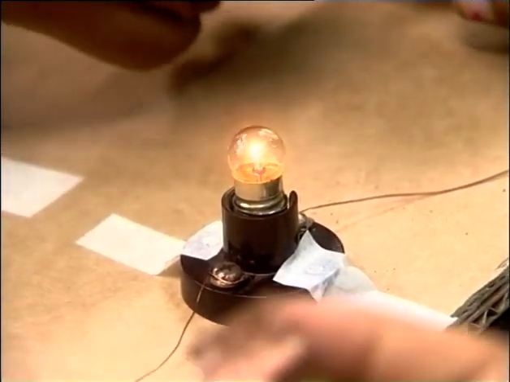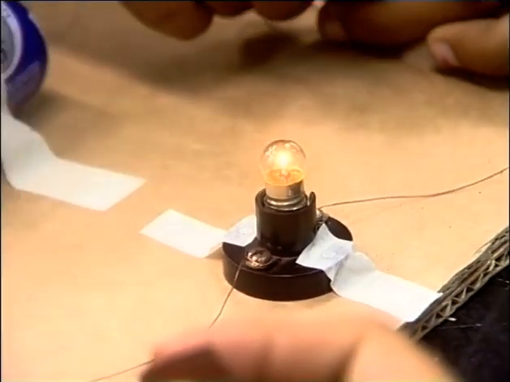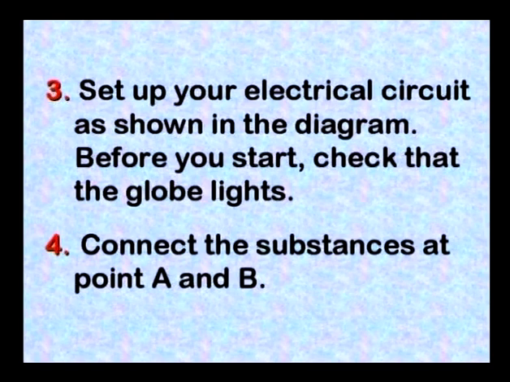Now the next instruction, you are to connect the substances, all those materials that you were asked to bring, from point A to B. Our switch is the paper clips, the 2 paper clips is our switch.